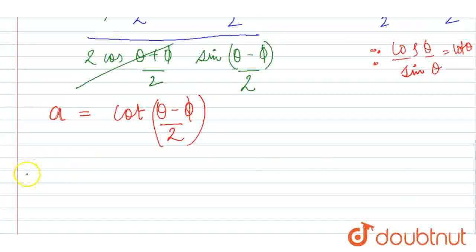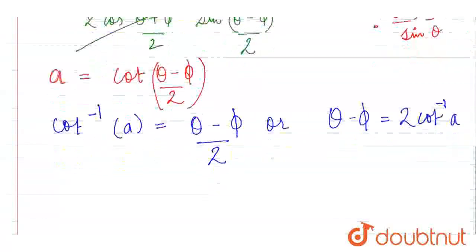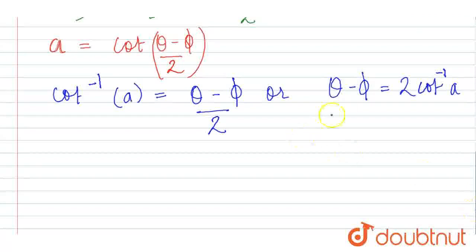So now I can write cot inverse A, that is equal to (theta minus phi)/2, right? Or we can write theta minus phi is equal to 2 cot inverse A.